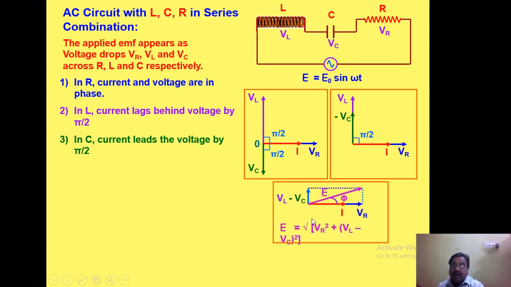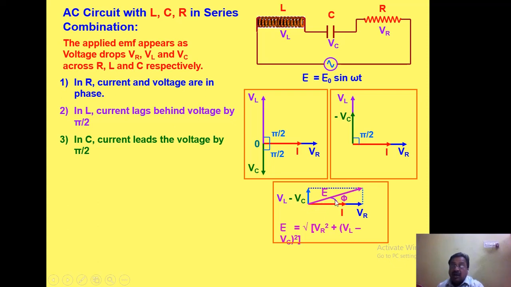That VL minus VC is now represented in a separate figure in the vector diagram. This is I and R. These two lines, VR and VL minus VC, form the sides of a parallelogram whose angle is 90 degrees, which means it is a rectangle.